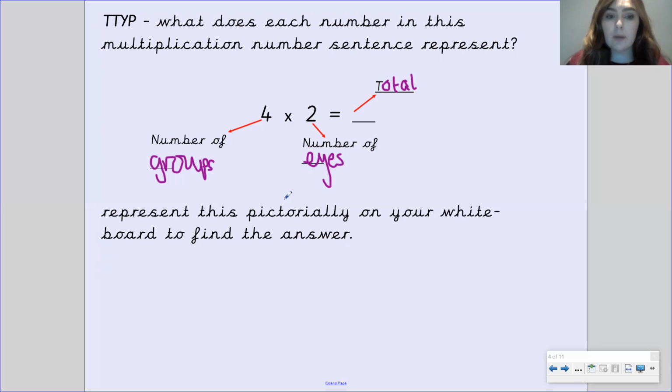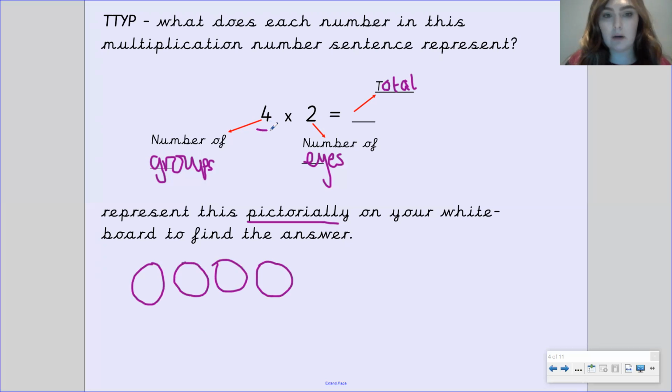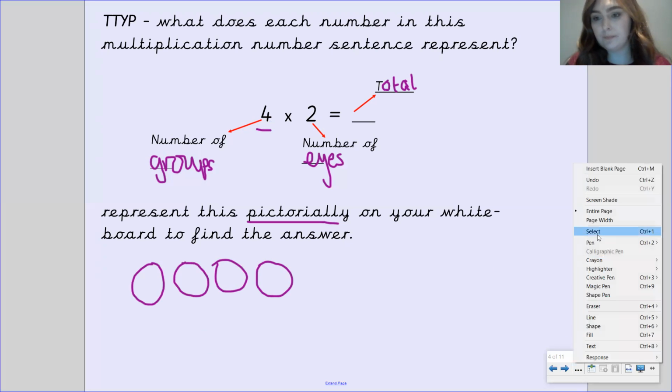Now, I want you to represent this pictorially on your whiteboard. That means I want you to draw it out to find the answer. So you've got 4 groups with 2 in each group. Pause the video to have a go. Well done if you drew 1, 2, 3, 4 circles, because there are 4 groups.